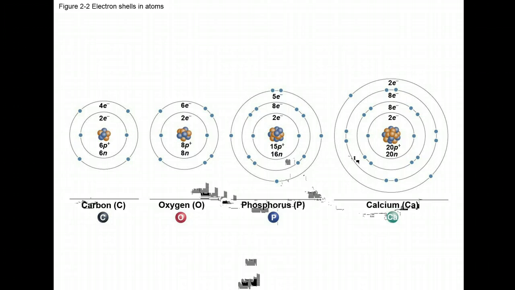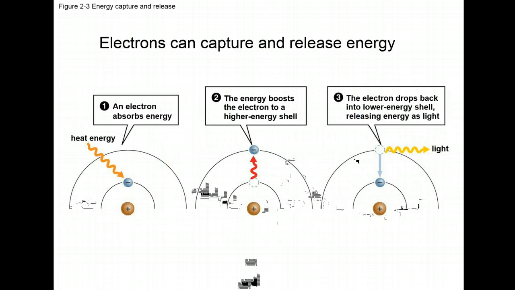Bohr-Rutherford diagrams are used to display the setup of an atom. They show the protons and neutrons in the nucleus, and they show the electrons orbiting the nucleus. As stated, electrons can capture and release energy.